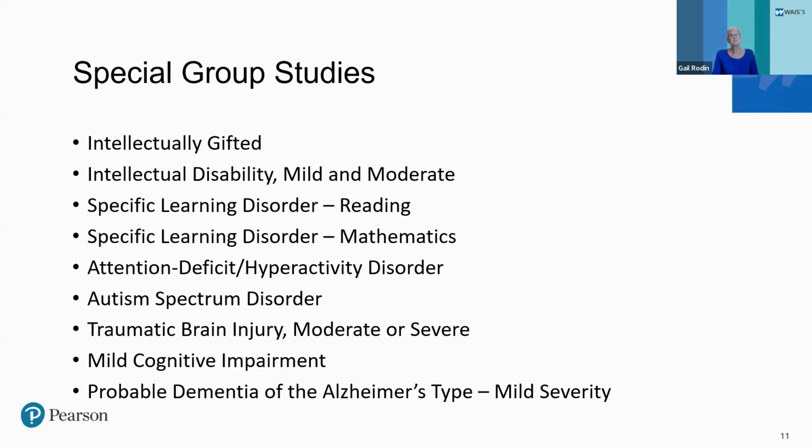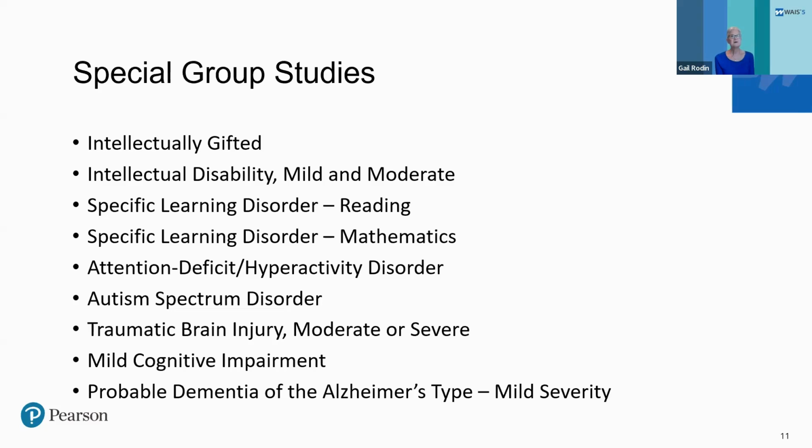Here are the special group studies. The first one is intellectually gifted, and I want to mention that since it's not elsewhere in this presentation, that there are special start points, advanced start points for those you assume or guess may be intellectually gifted or are there for an evaluation for giftedness.